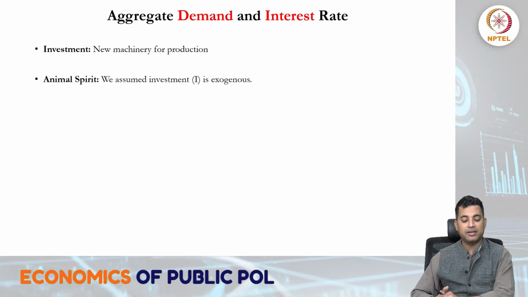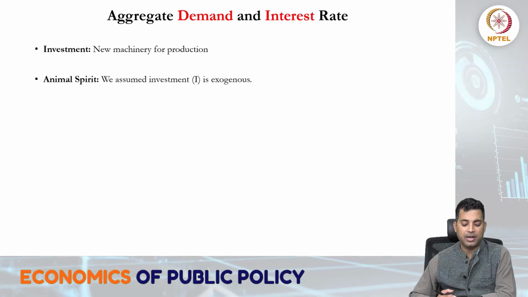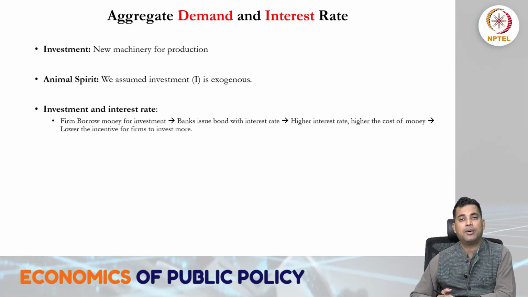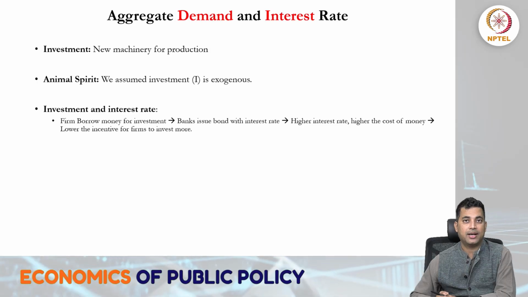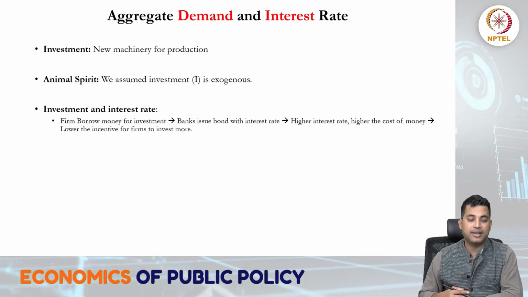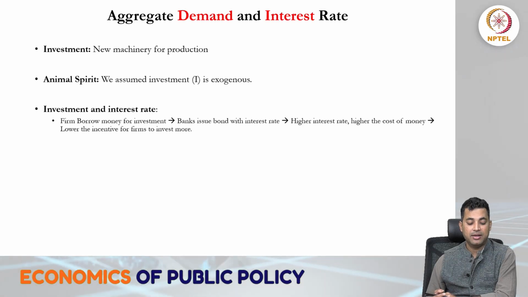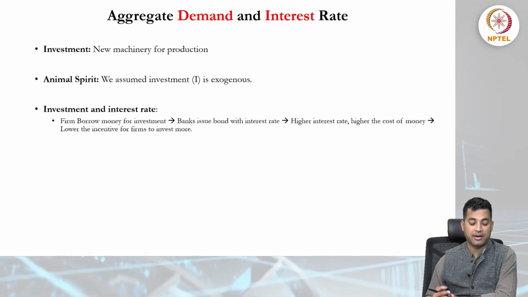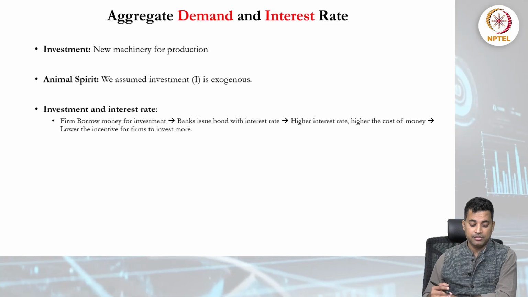With animal spirits, we assumed investment is exogenous, but to counter argue on that, it is not always the case that a firm will have the savings to invest from its own funds.